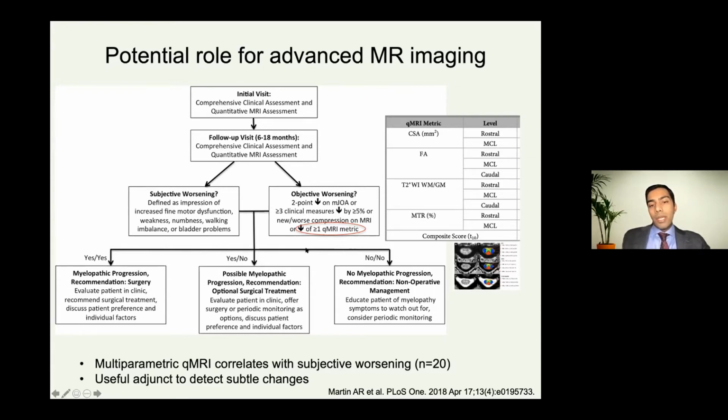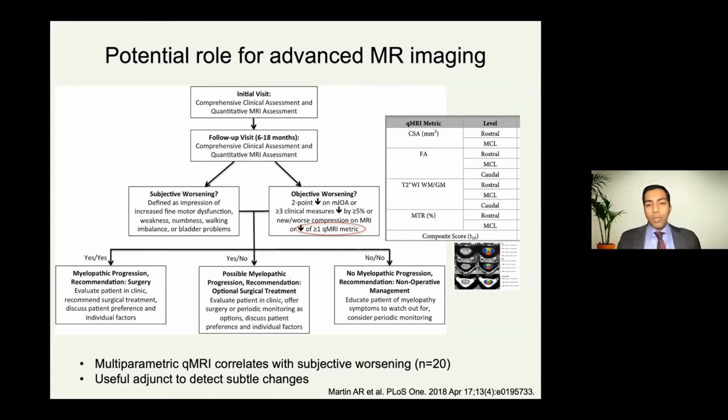So they used a combination of these two, subjective and objective worsening, to make a decision on whether these patients should undergo surgery or whether we should continue to follow them up. I think the finding in this study was that the quantitative MRI correlated well with the subjective worsening. So there was an objective measure that they were able to elicit to explain some of the subjective symptoms these patients had. And so I think it is a useful adjunct to detect subtle changes.